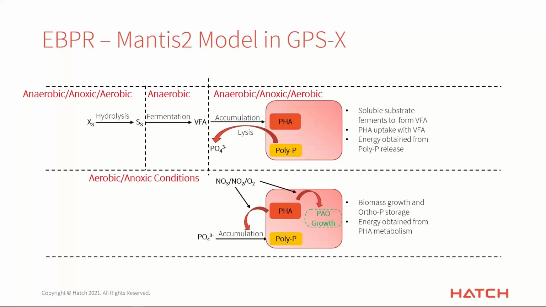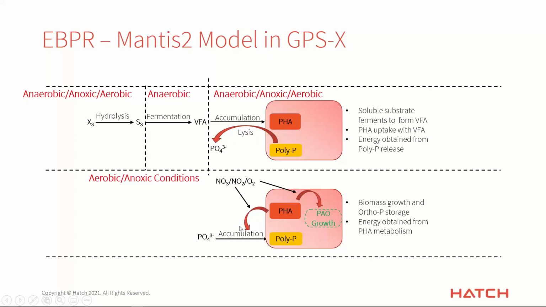And then during the aerobic conditions, that is when the PAOs are growing on that PHA that has been stored. It takes up at a very excess rate, or that luxury uptake rate that is referred to, taking up that ortho-P and then storing it as polyphosphate.